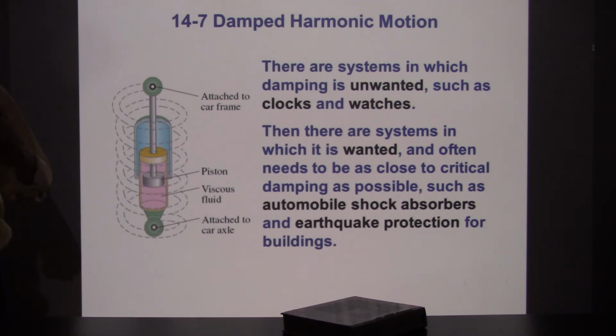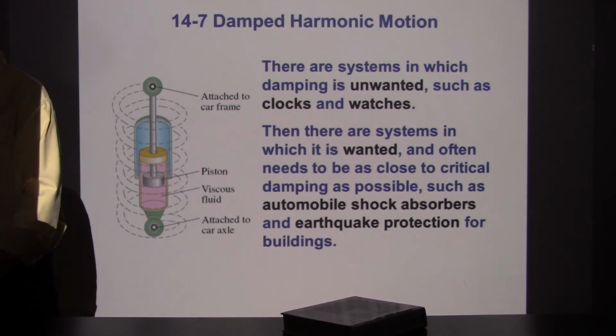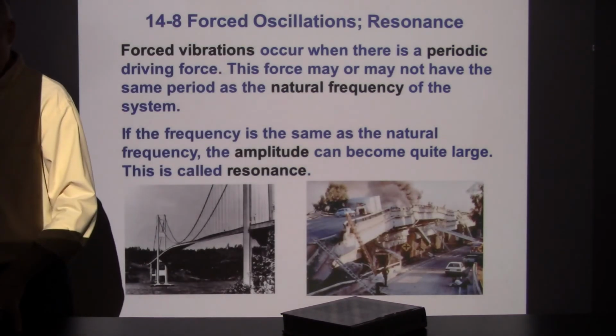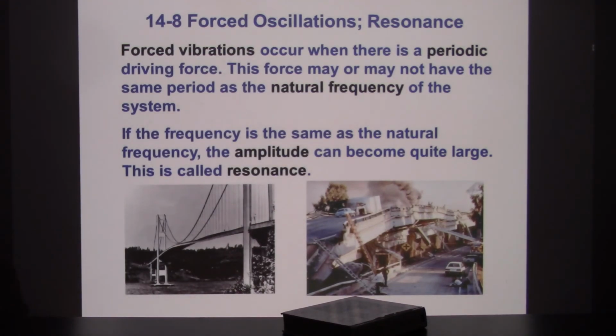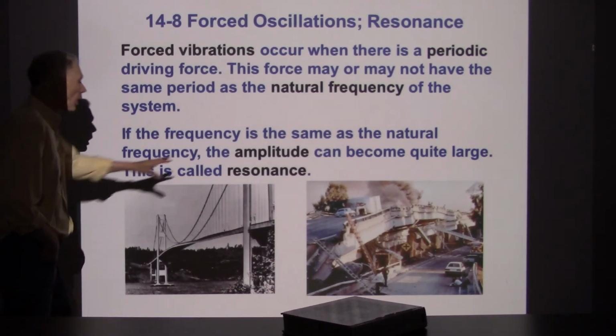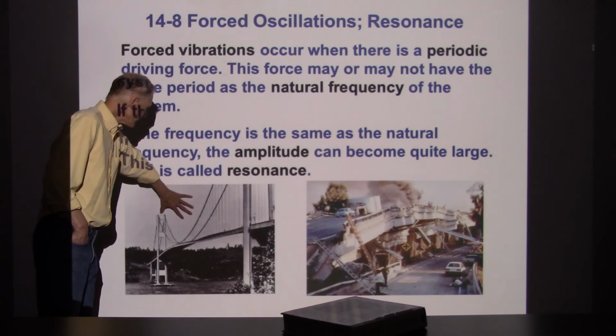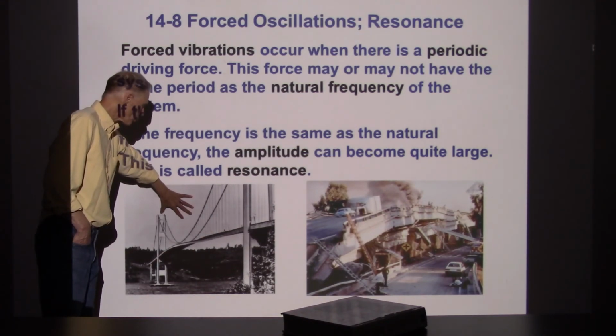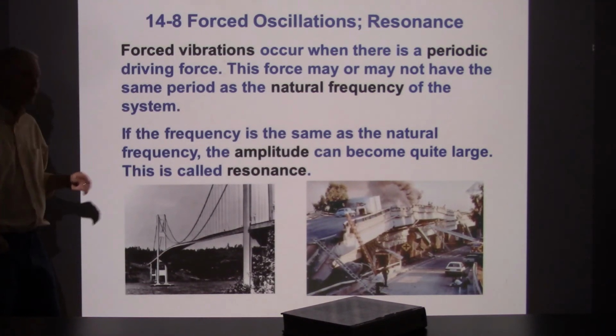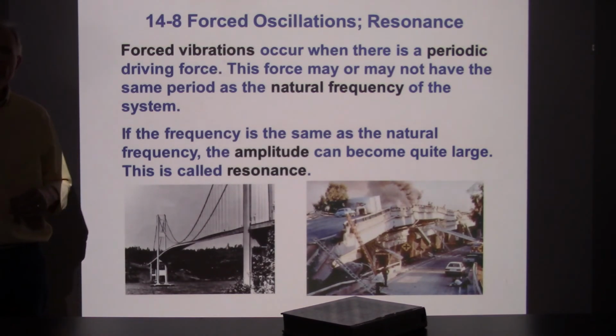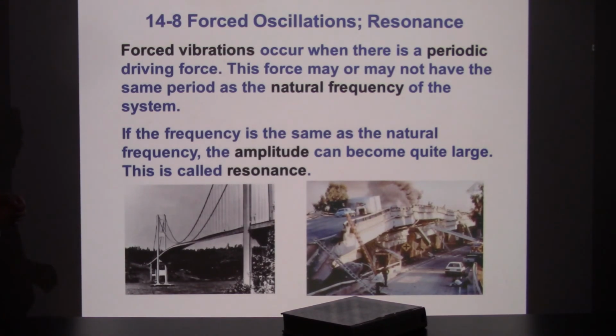What about earthquake protection? This brings up the question of earthquakes. Here's an example of an earthquake on the right, and here's the Tacoma Narrows Bridge. Possibly you've seen that in some of your physical science classes, or online.